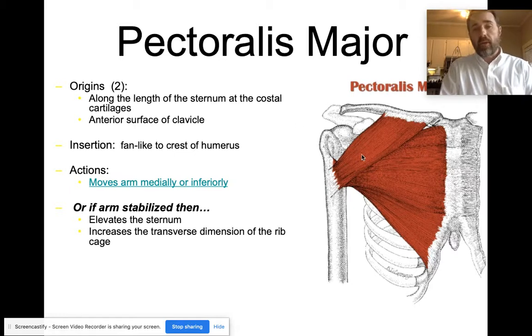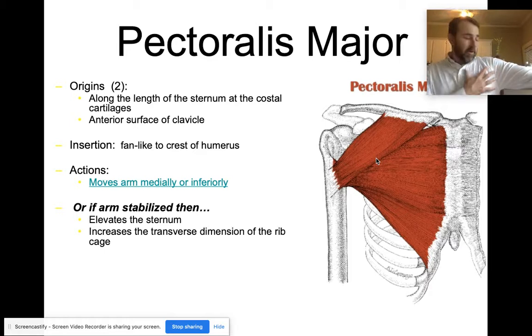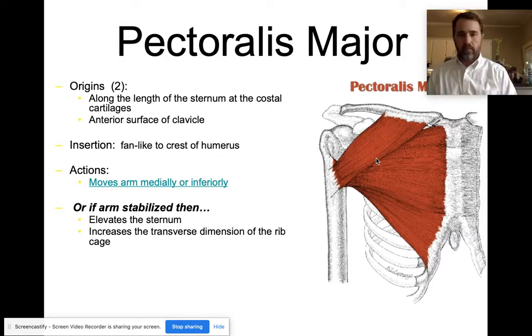So if we're looking at this muscle here, it's going to do one of two things. If my arm is out here, and my pectoralis major, which is fanned out like this, contracts, it can work to move my arm medially. So I contract the pectoralis major and bring it in. If I leave my arms where they are and I contract my pectoralis major bilaterally, it is going to pull the rib cage out anteriorly, and it's going to assist in elevating the sternum.